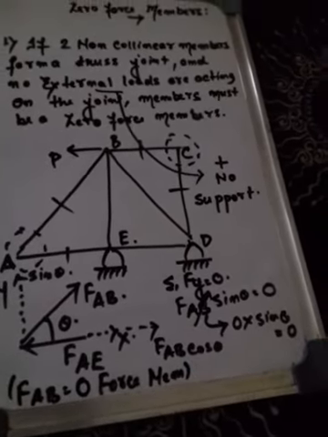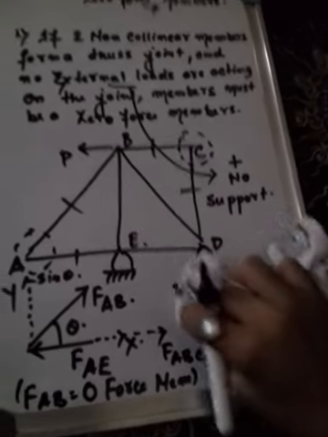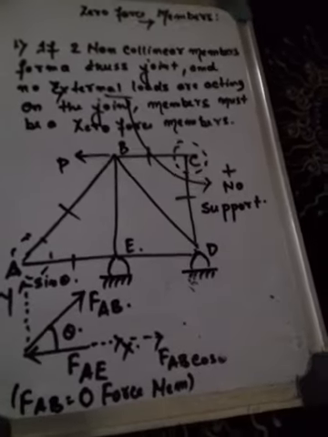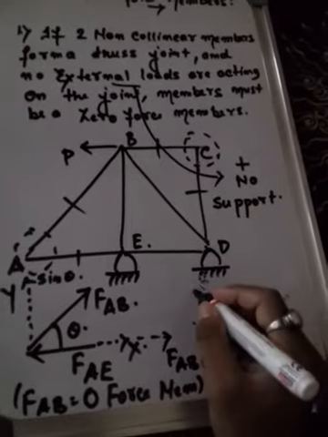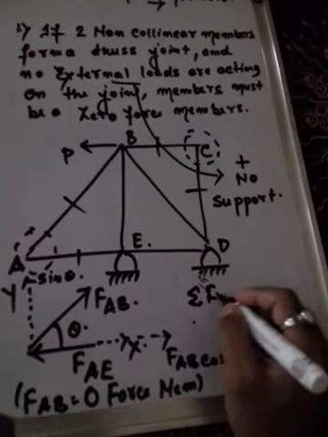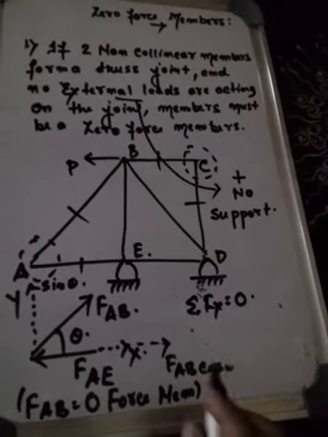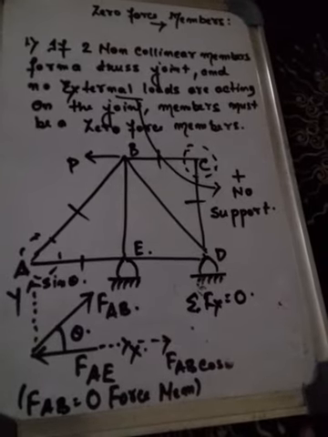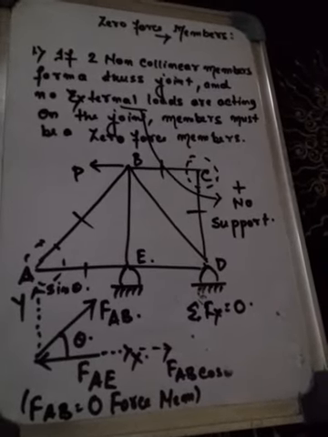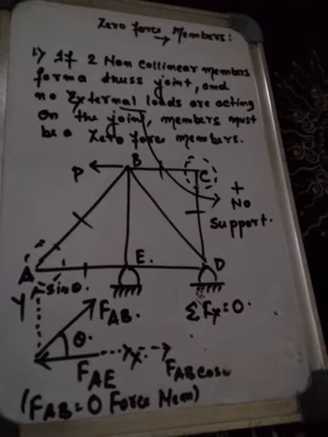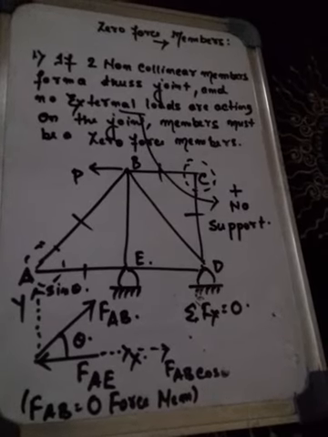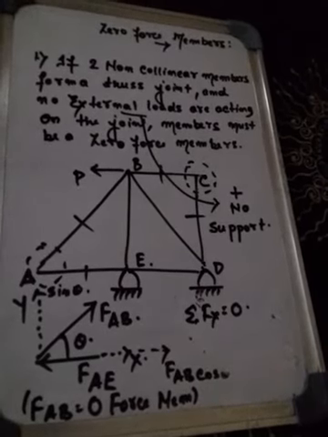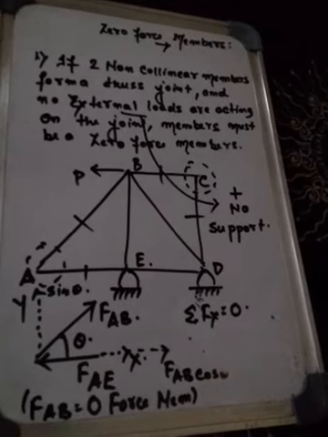Okay. Now just consider this joint, summation of Fx equal to 0. There is only one force acting in the x direction. So what will we get?